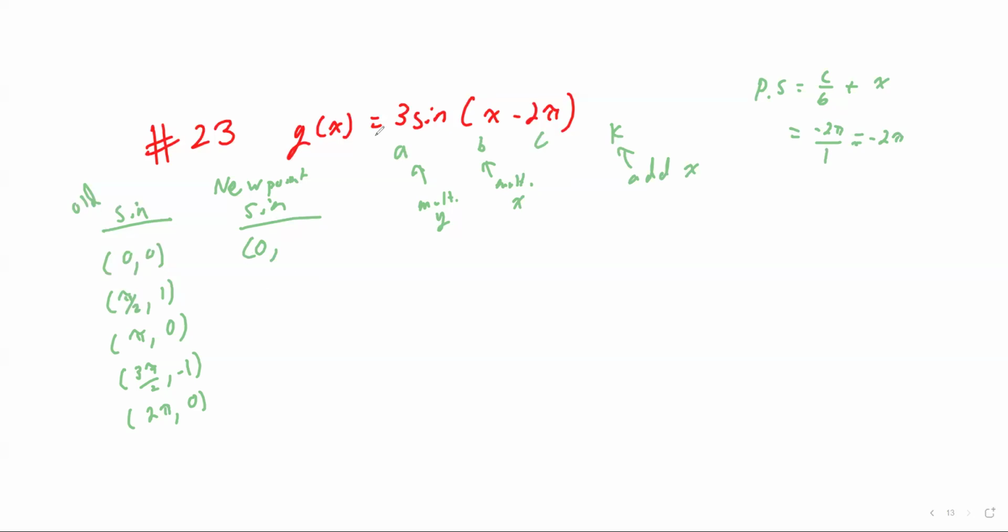So what that means is I'm going to do 3 times 0, which gives me 0. And then I'm going to add -2 pi, but we have to do the opposite because remember, this is going to go to the right. So we multiply A by 3.